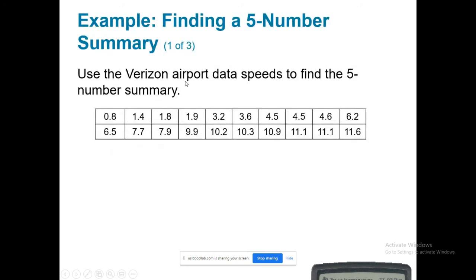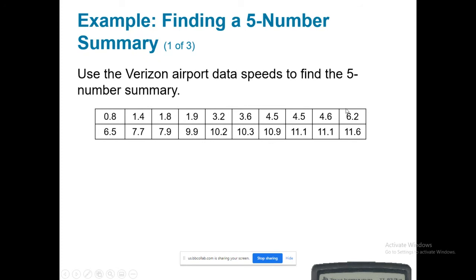All right, let's take a look at an example. Here we're asked to use Verizon Airport data speeds to find the 5-number summary. In this list of data, we're given the data speeds at an airport, if you're on a Verizon network.